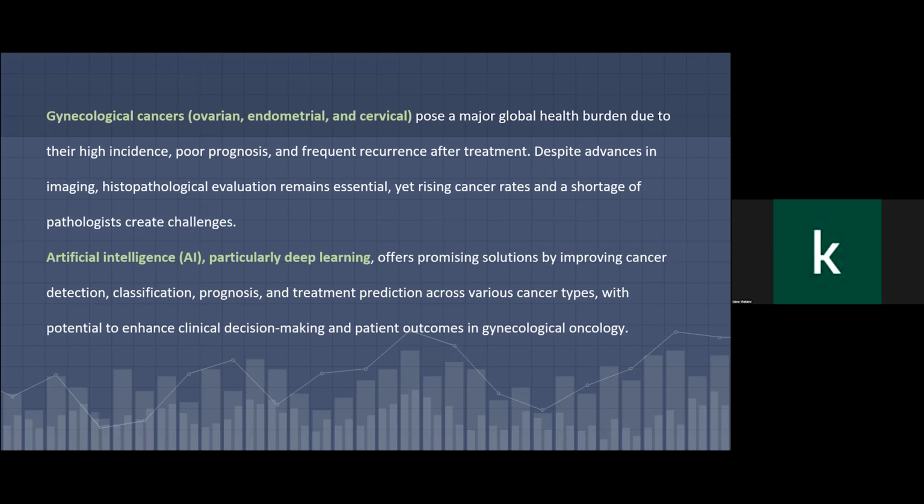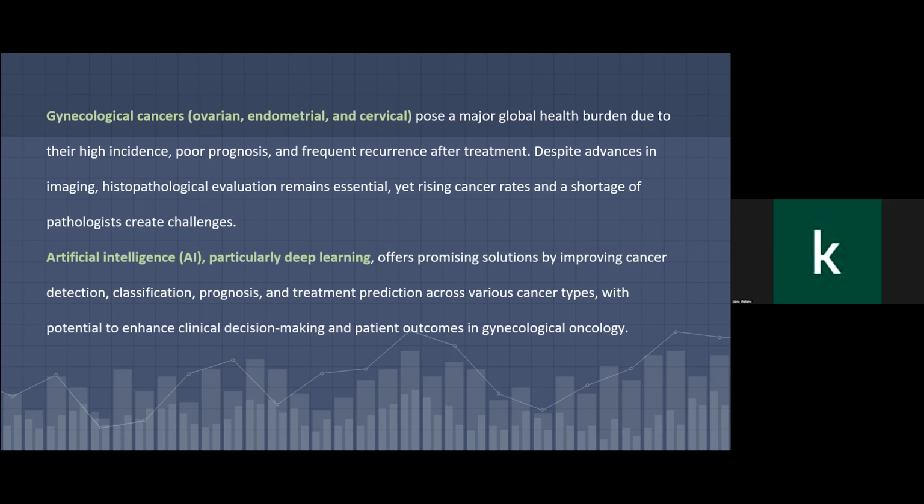And despite all the advances in imaging, histopathological evaluation still remains essential, and we still have a rising rate of cancer, and we're facing a lot of problems in terms of workloads and the shortage of staff and pathologists to actually report the samples of patients.